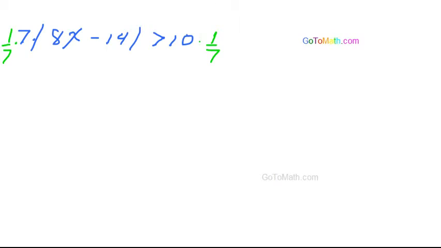Okay, so now we're left with the absolute value of 8x minus 14 is greater than 10 over 7. So now we can go ahead and drop the absolute value bars.